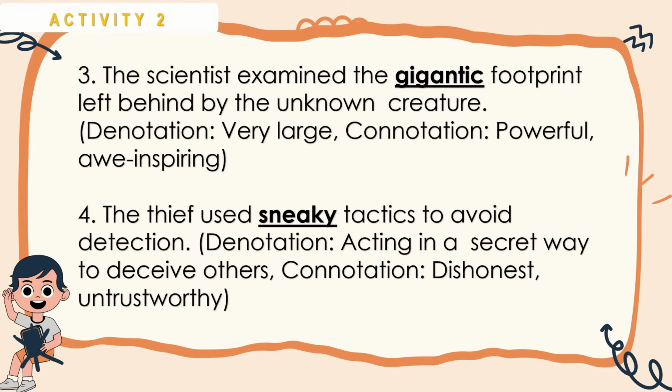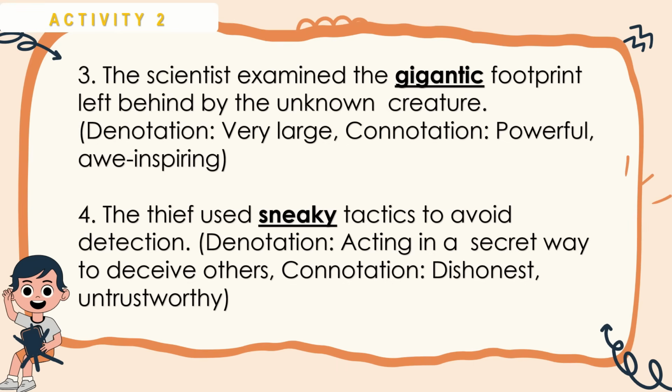Number 3. The scientists examined the gigantic footprint left behind by the unknown creature. Denotation, very large. Connotation, powerful, awe-inspiring. Number 4. The thief used sneaky tactics to avoid detection.